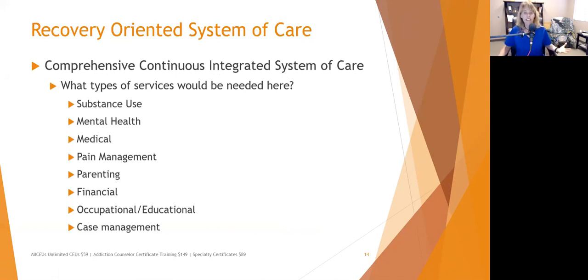So these systems include substance abuse treatment, mental health services, medical services, pain management, parenting education, financial counseling, occupational and educational resources, and case management, in addition to other things. But those are the big 8 that need to be there.